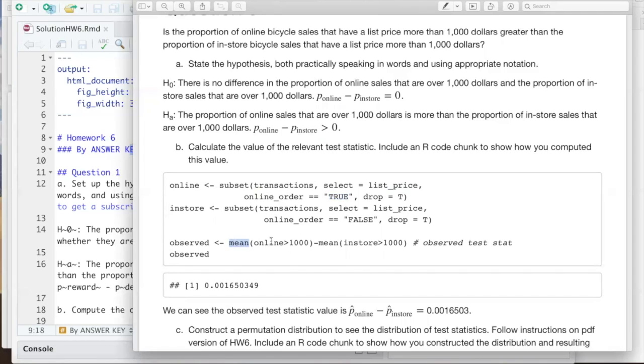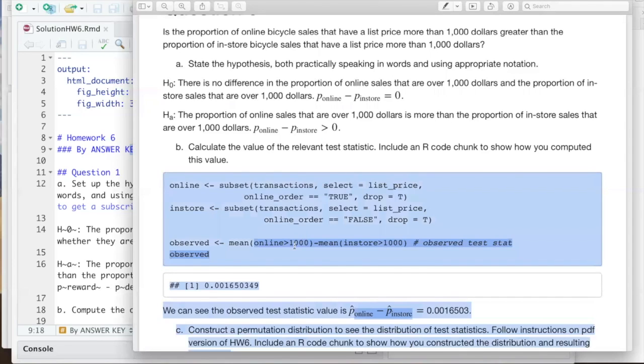And now what this part of the formula does, so this vector online, right, this consists of all of the prices of items that were purchased online. Some of those are less than 1,000, some of them are more than 1,000.